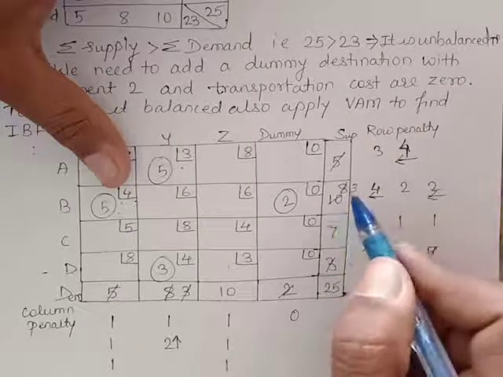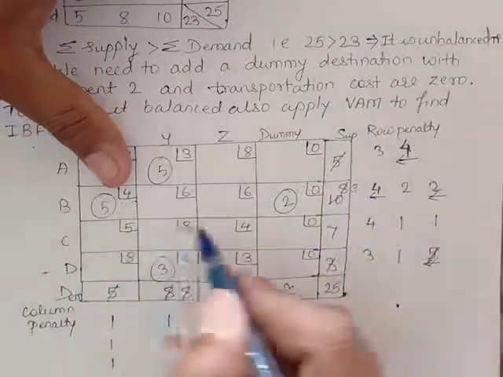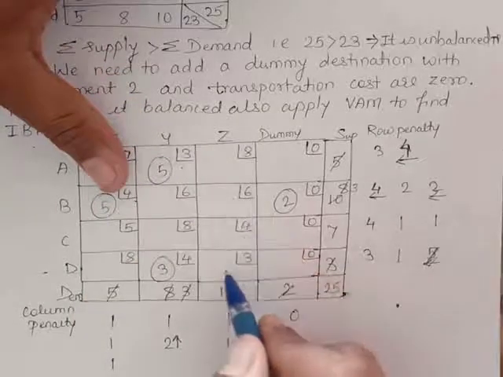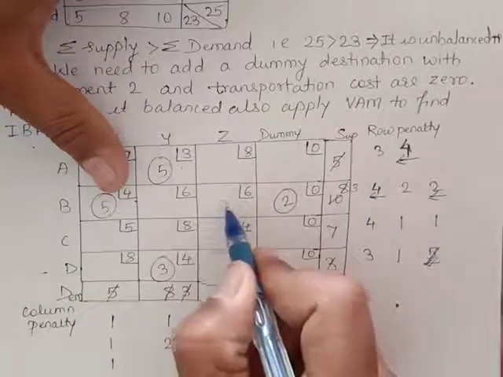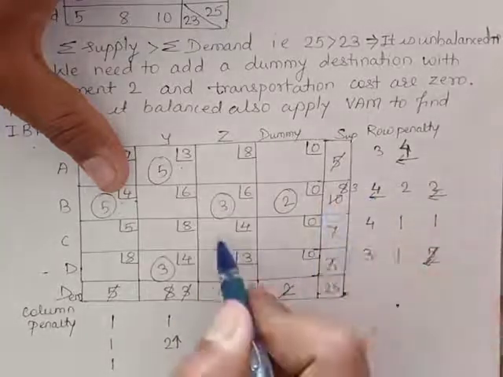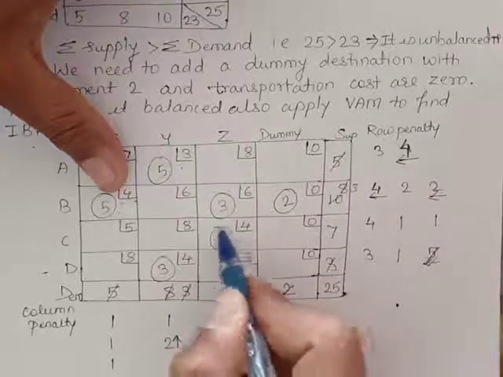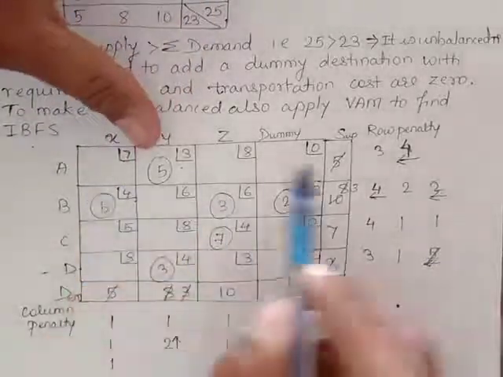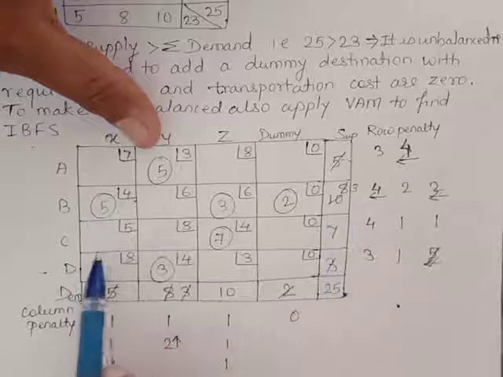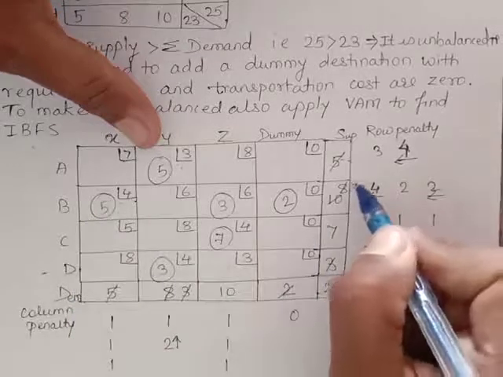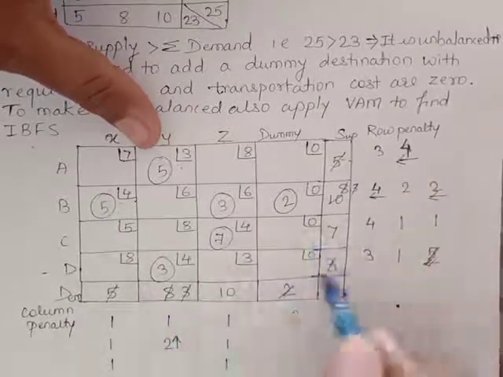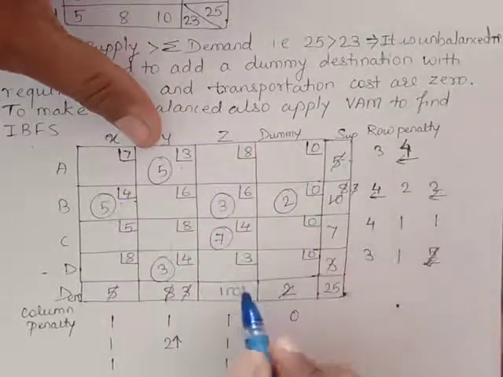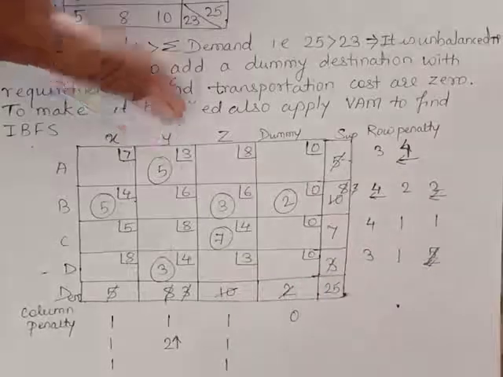Okay. So now this column is satisfied again. So only these 3 cells are left. So here the allocation is 3, here the allocation is 7 and here no need. So simply look at here, this 5 is satisfied, this 10 is satisfied, this 7 is satisfied, 3 satisfied, 5, then 8, here 10, again this 10 is satisfied, and this 2 is also satisfied.